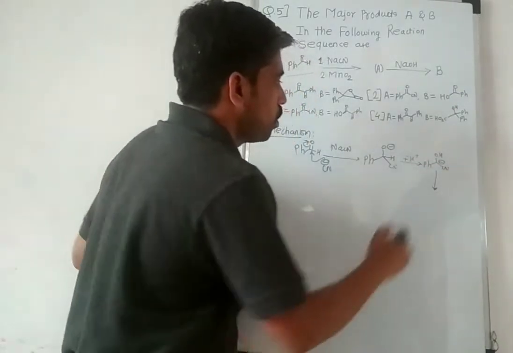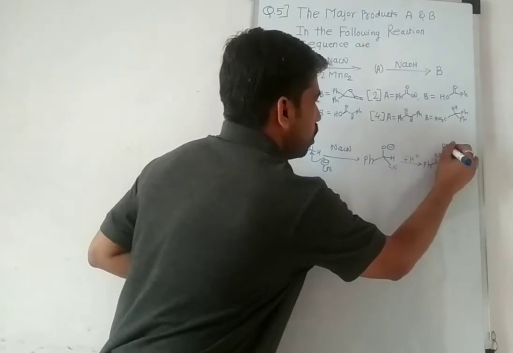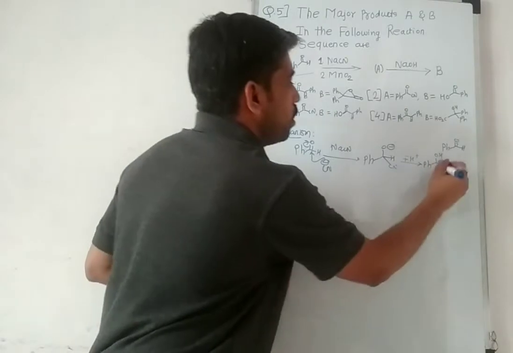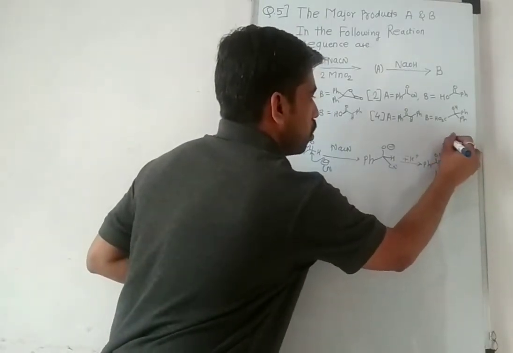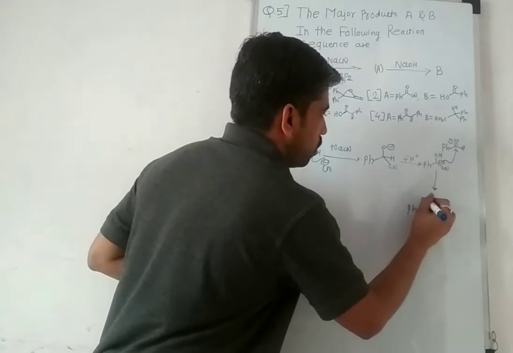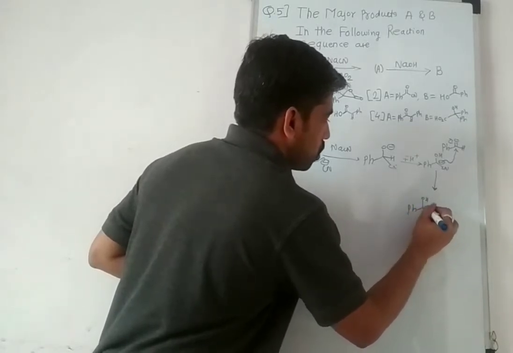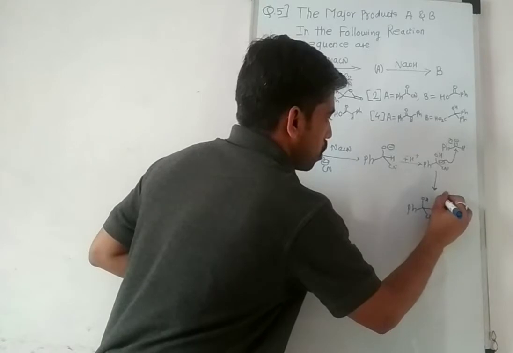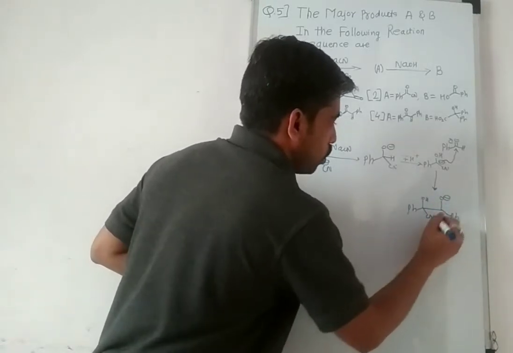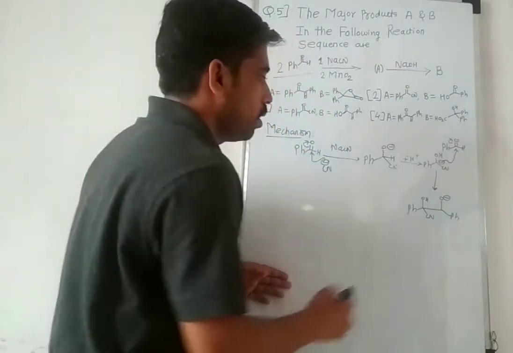In the next step, this carbanion attacks the electron deficient center of the second molecule of benzaldehyde. We get the second tetrahedral intermediate.